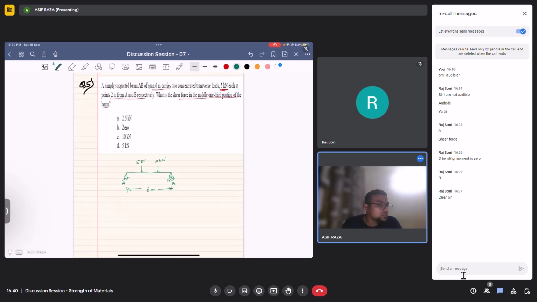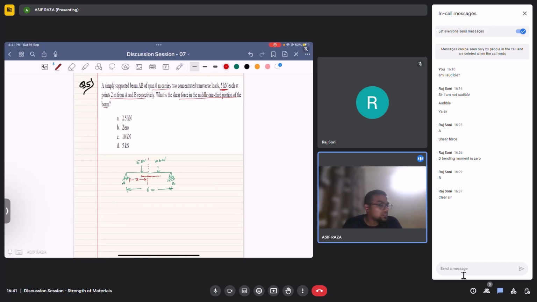So this is what is given in the question. We need to find the shear in the middle one third portion of the beam.